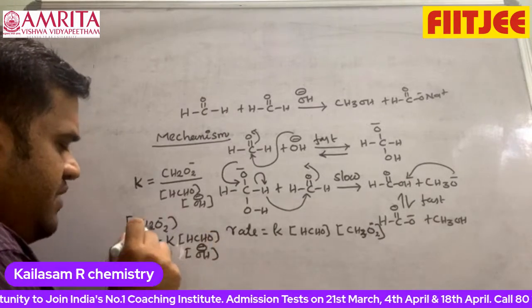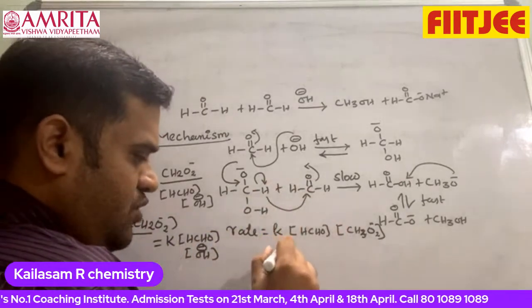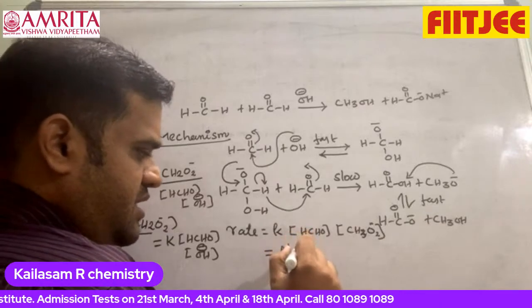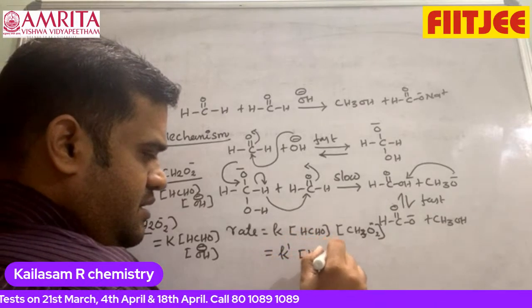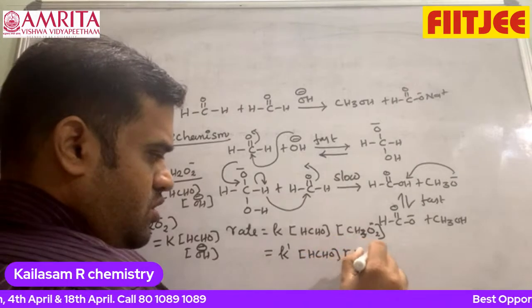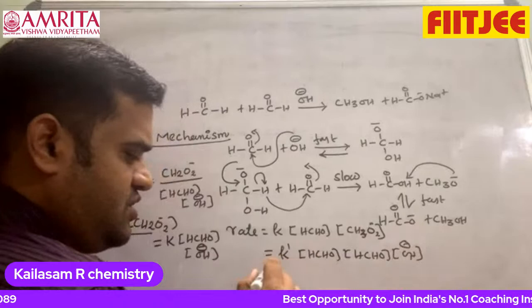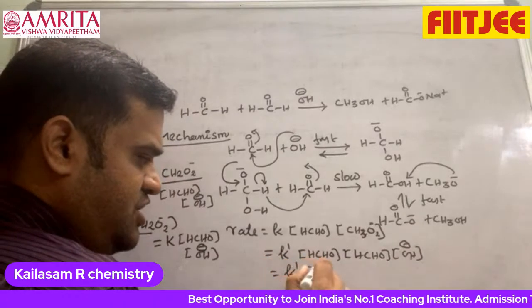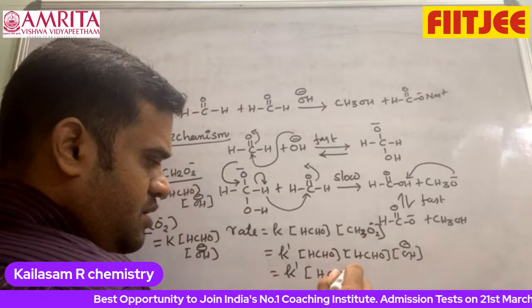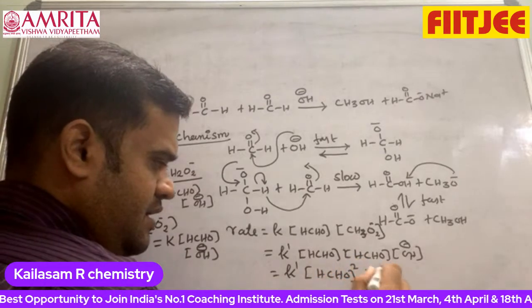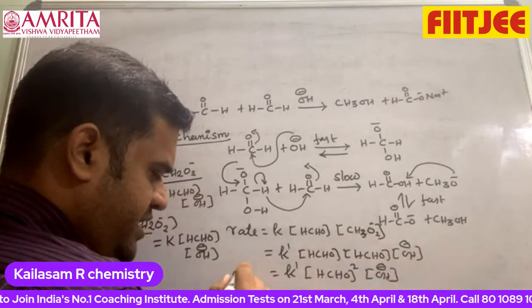Now substituting this value here, I can take the overall K dash as nothing but... [HCHO][OH minus]. Therefore, we can say K dash times [HCHO] square and [OH minus] is the rate.